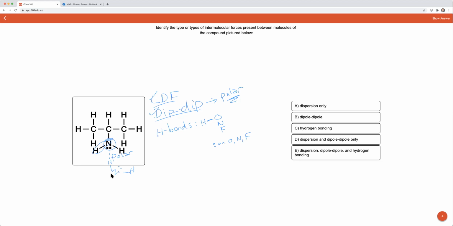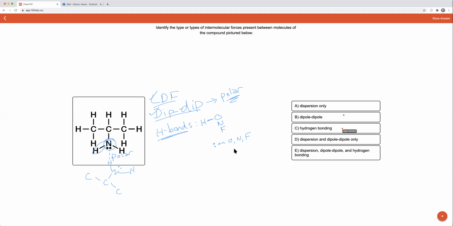So this is another carbon, and I won't draw the full thing, but you see what I mean? That there's a hydrogen bond because we've got that hydrogen connected to the nitrogen, and then it is close to another molecule of this compound, and there's that attractive force between that lone pair and the hydrogen on another one of these molecules. So this one has those three.